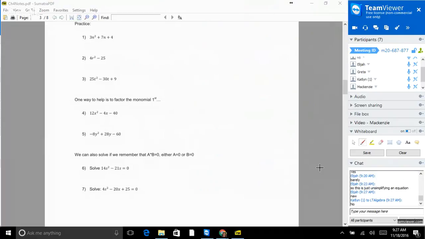Okay, so number 5 is kind of going to be a similar thing. We've got negative 8y squared plus 28y minus 60. We've got some really big numbers there, so we're going to have to think big factoring numbers unless we can pull something out. And the first thing you say is, can we pull 8 out?